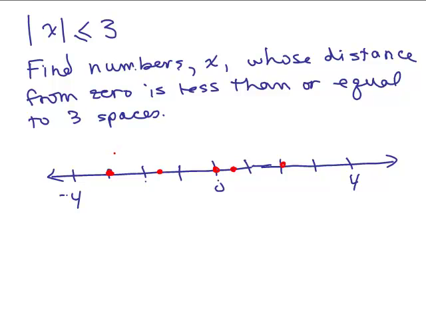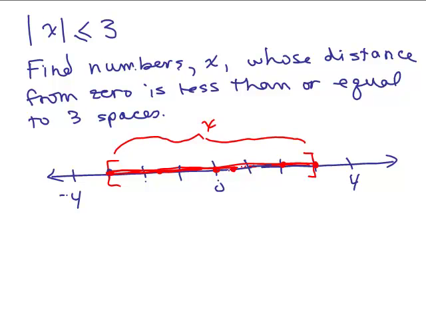So basically, x could be anywhere in between 3 and -3. Think about that. X could be anywhere in this range. So the solution here is that x can be any of these numbers, right? Any number between -3 and 3.